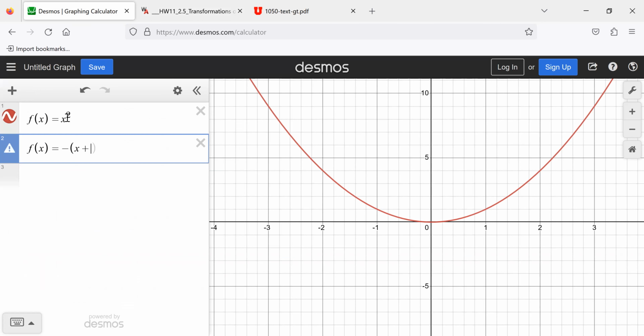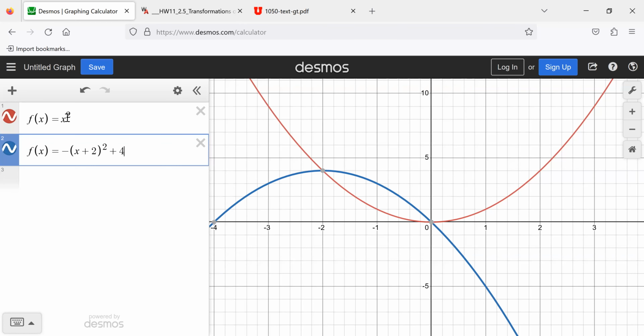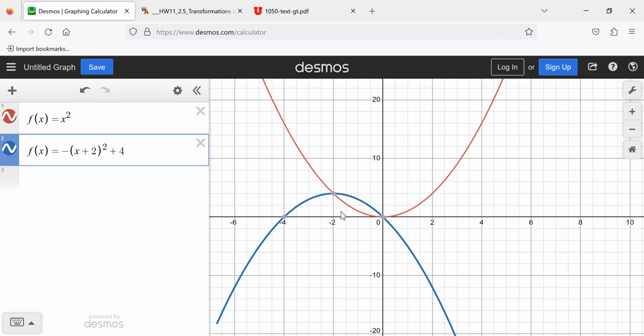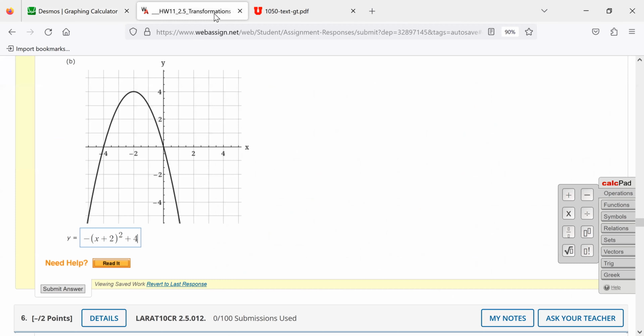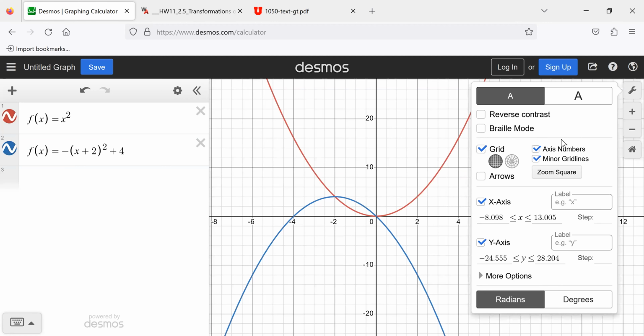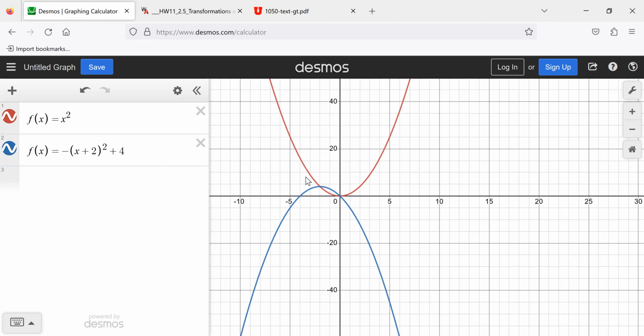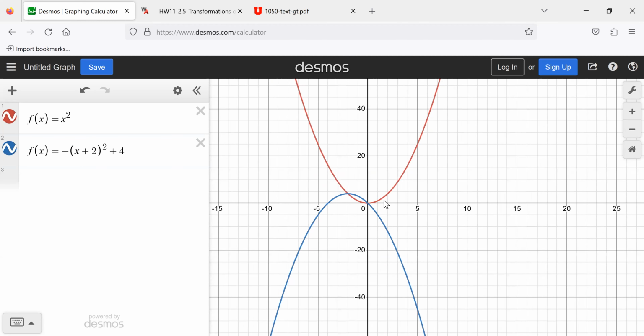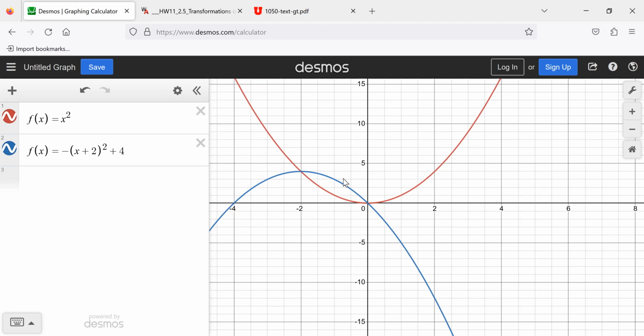Was what was inside plus 2? So it's flipped, then shifted to the left 2 and up 4. There it is.